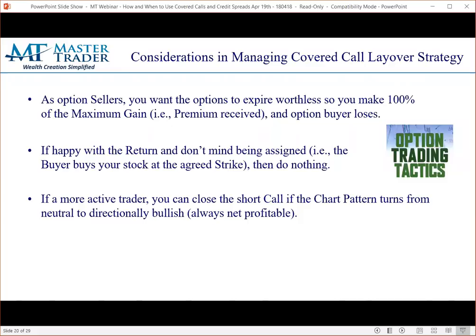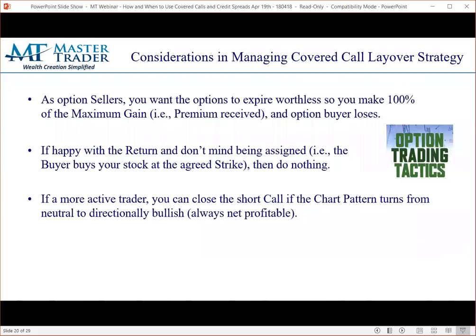If you don't want your stock taken away and you're a more active trader, you can close the short call. And what that means is, when you sold the call, you gave the call buyer the right to buy it. But if you go back to the marketplace and buy that contract back, then you don't have to sell your stock anymore.